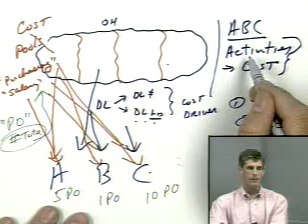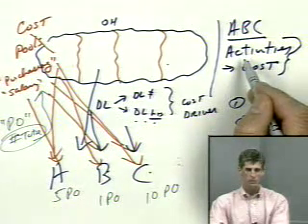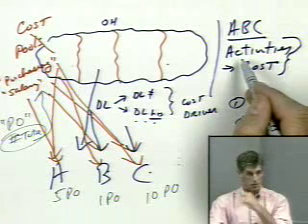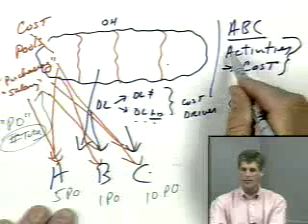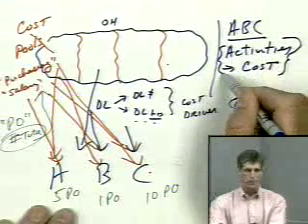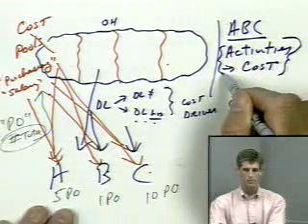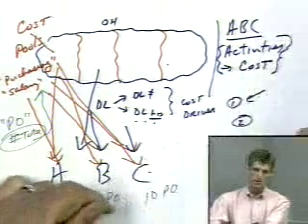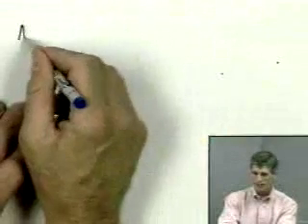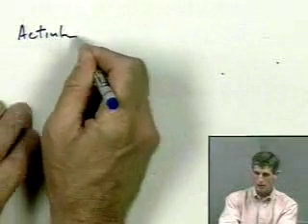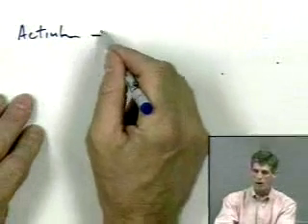Who performs activities? People, right? So inherent in this activity-based costing idea is that it's the actions of people that cause cost. Does that make sense so far? Let's take it one step further. We have all these activities, and they all cause cost.